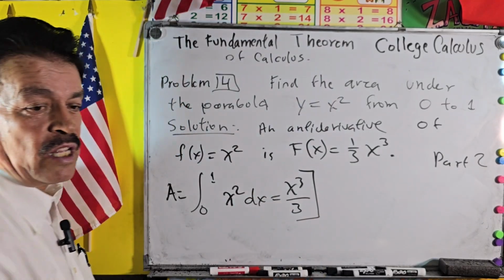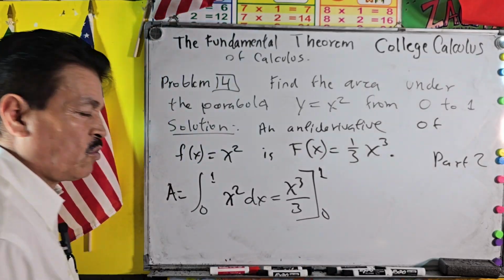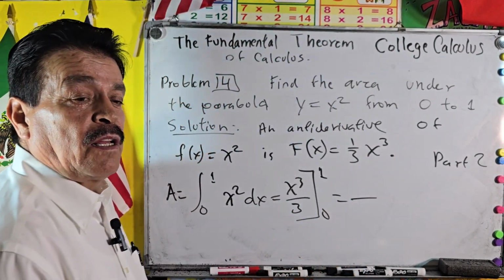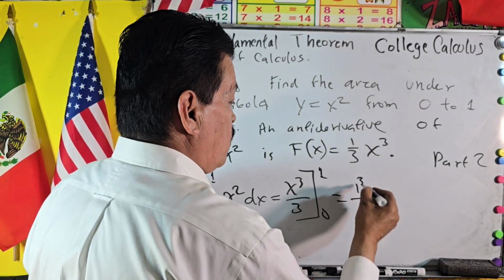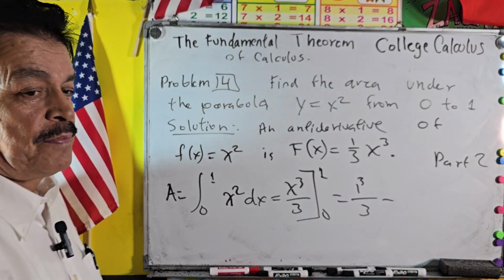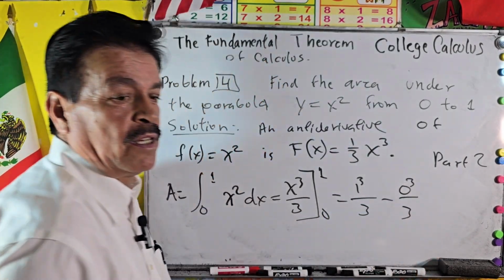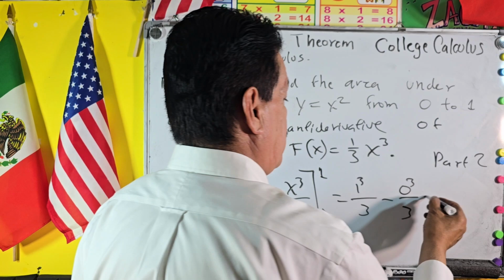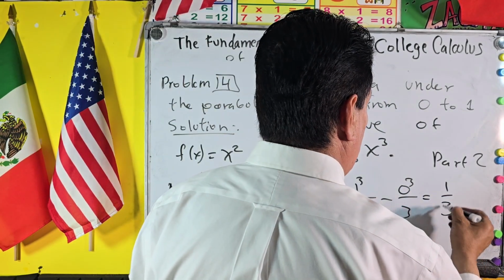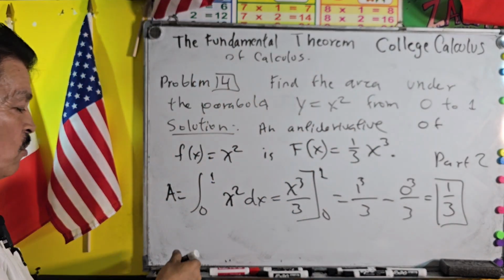Remember the notation I gave you, just write it from 0 to 1. So this equals 1 to the third power divided by 3 minus 0 to the third power divided by 3. So what is the answer? The answer is 1/3. That's the area. So that's the solution to the problem.